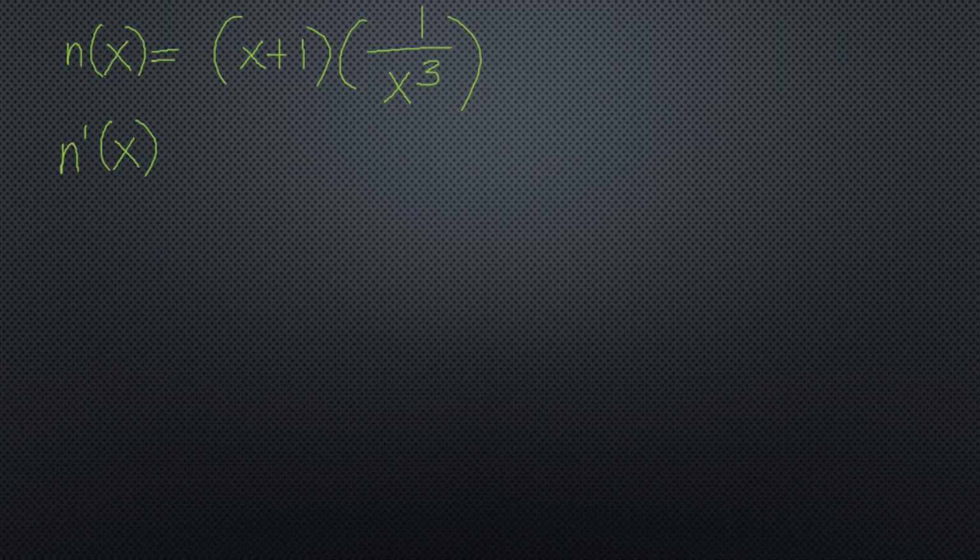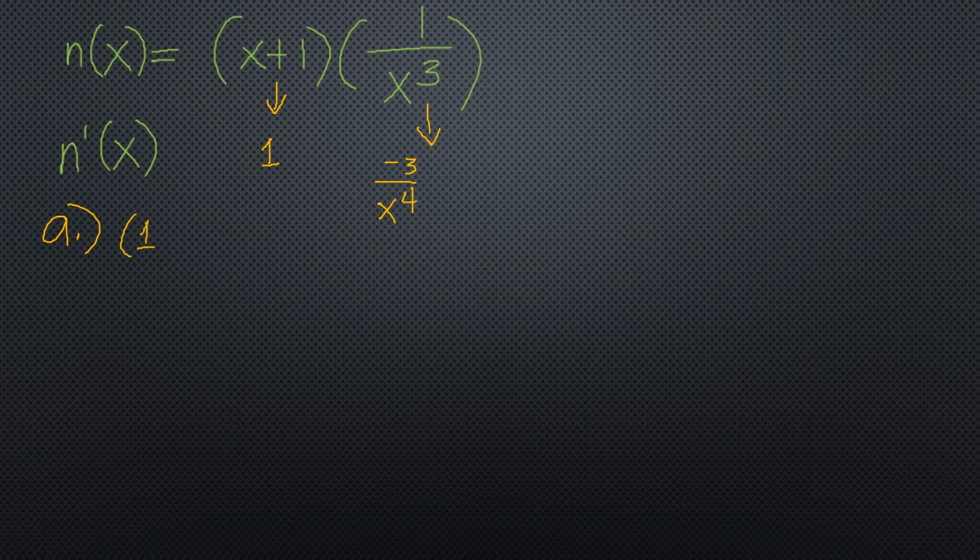So we can solve this problem using the quotient rule or even the product rule. We start by using the product rule. So we have method A, product rule. The derivative of x plus 1 is 1, and the derivative of 1 over x cubed is negative 3 over x raised to 4, following the rational function.